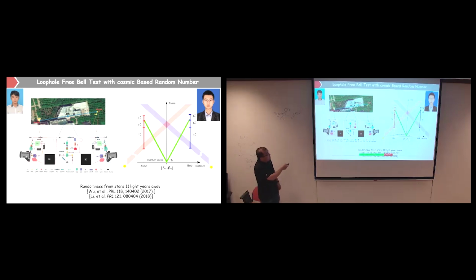And then here we generate the entanglement, collected with very high efficiency and high fidelity. So if you don't believe in quantum randomness, then we use the stars to do the random choice.